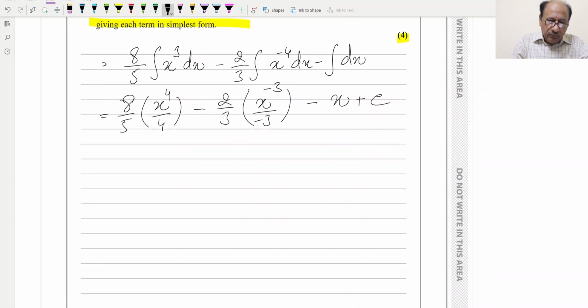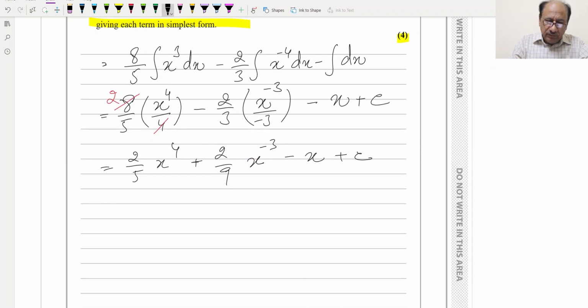Now we can cancel whatever possible. So 2's are 8, then we can rewrite it as 2 over 5 x raised to power 4, minus 4 by 3, and we can multiply this 3 with minus 3, so it will be 9, and this minus will change to plus, so it should be 2 over 9 x raised to minus 3, minus x plus c.